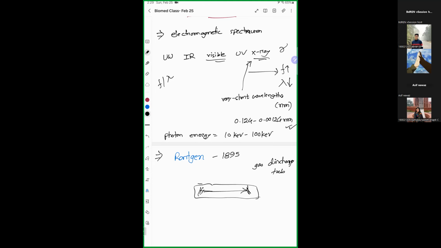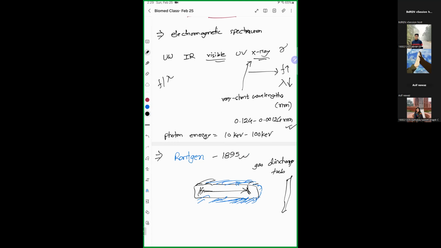Now he covered this whole gas tube. But when he was doing this experiment, something outside started to glow. Since the gas discharge tube was covered, no visible light could pass. We are talking about 1895, so no light should have been able to pass through because it was covered.